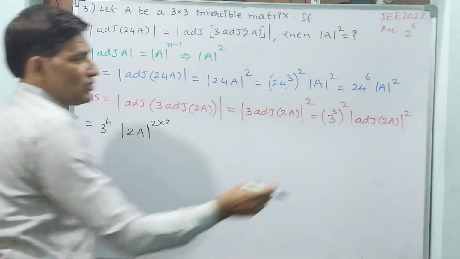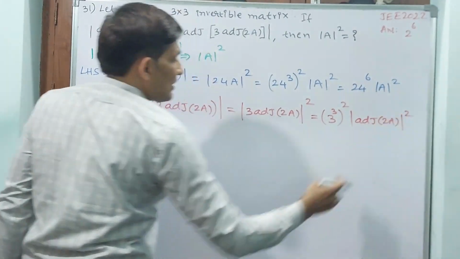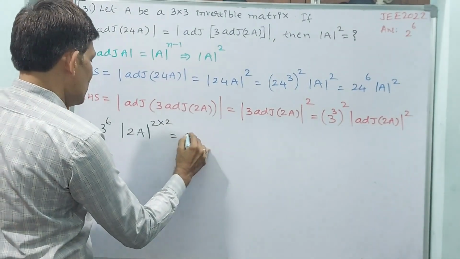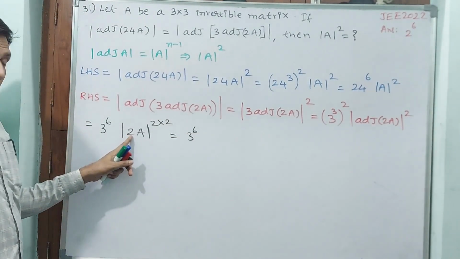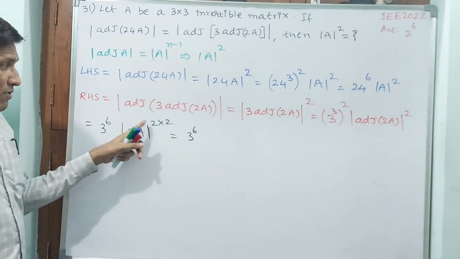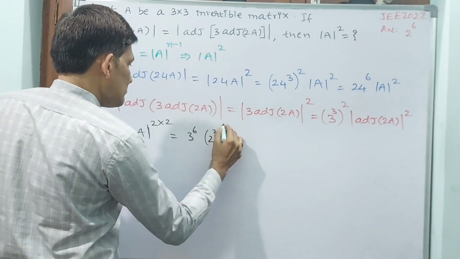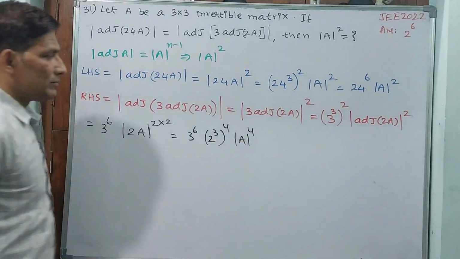See, this is adjoint. You have removed adjoint, that is why determinant of 2A square, but this square is also there. Write down. That is equal to 3 power 6 you keep like this only. If you want to bring outside, 2 cube power 4, determinant of A power 4.